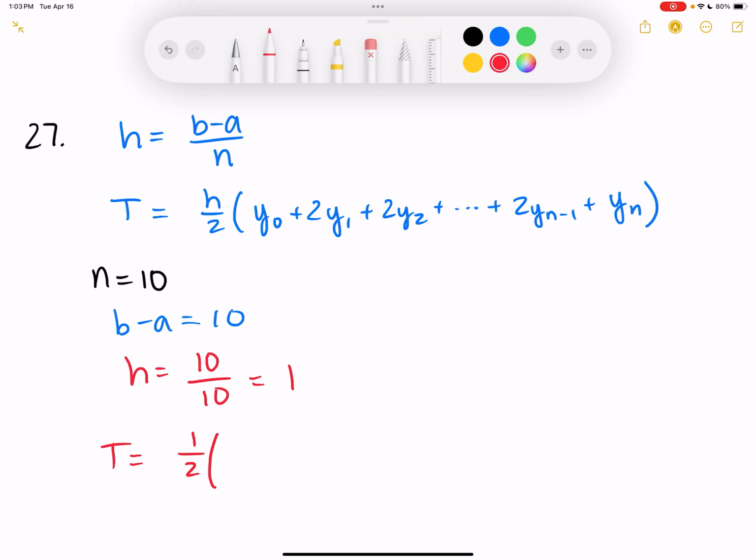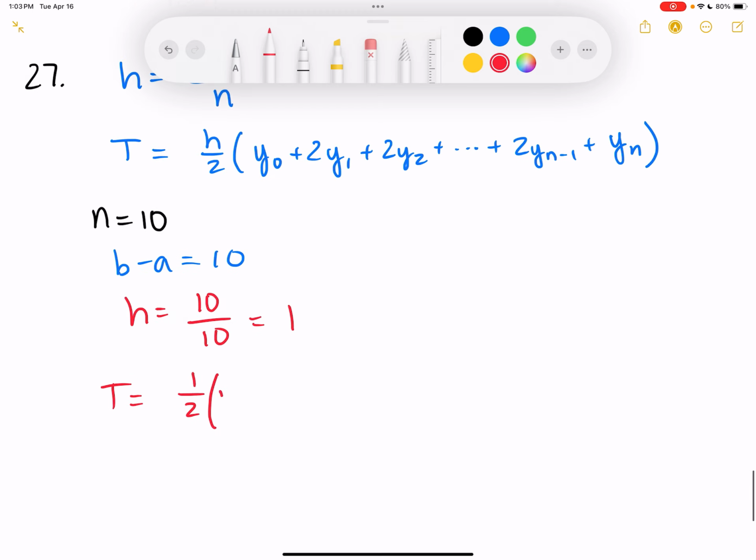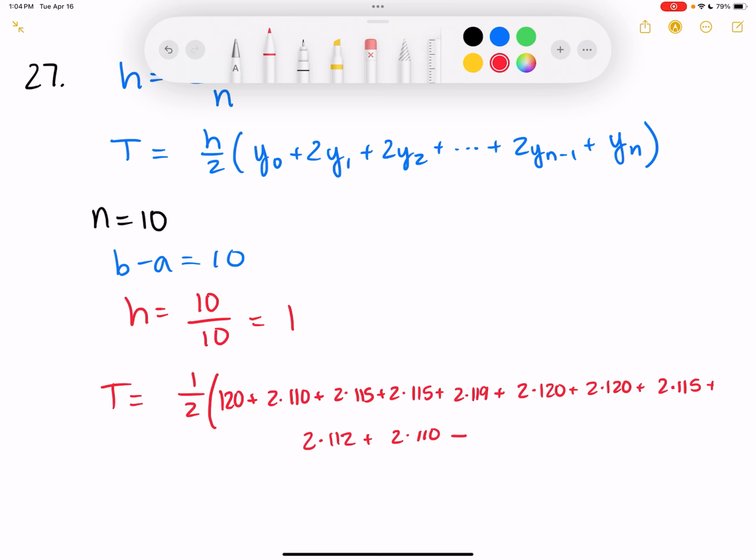So it's going to be 120 plus 2 times 110 plus 2 times 115 plus 2 times 115 plus 2 times 119 plus 2 times 120 plus 2 times 120 plus 2 times 115 plus 2 times 112 plus 2 times 110, and the final one plus 121.